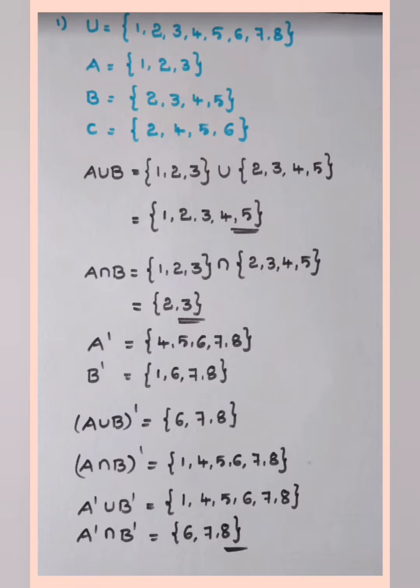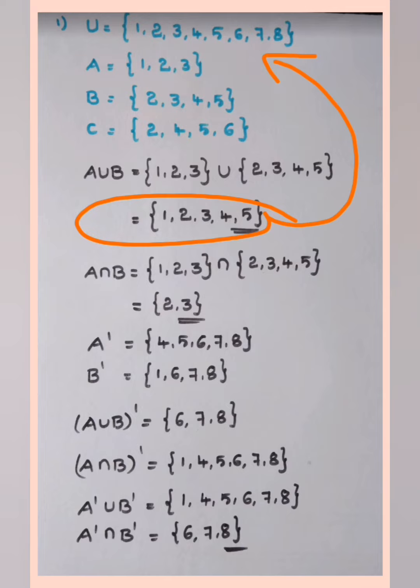Okay. If it is (A union B) whole dash, we have already got the value of A union B here. For that whole dash, we have to compare with the universal set. Cancel the common elements 1, 2, 3, 4, 5. So up to this number it is cancelled. What are the elements remaining in U? 6, 7 and 8. So 6, 7, 8 is (A union B) whole dash.